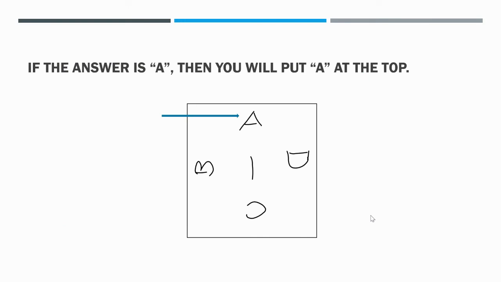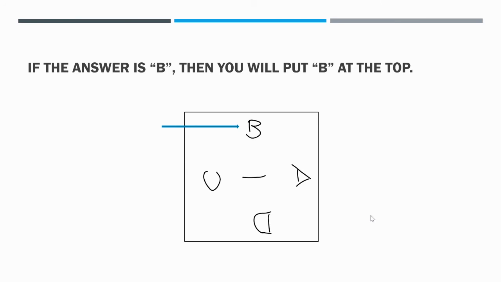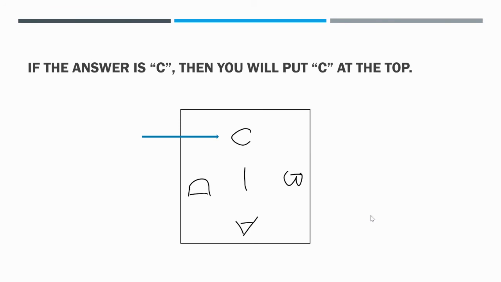So, for instance, if the answer to that question, 1 plus 1, was A, you would be looking at your Plickers card like this, with A at the top. If, however, B is the correct answer, then B should be at the top. If C is the correct answer, C should be at the top.